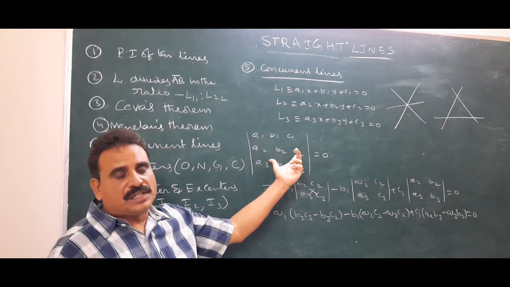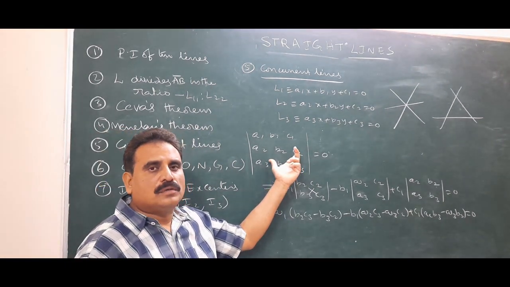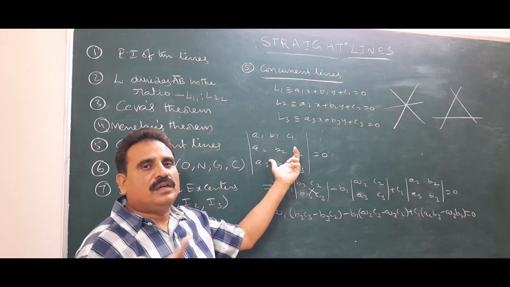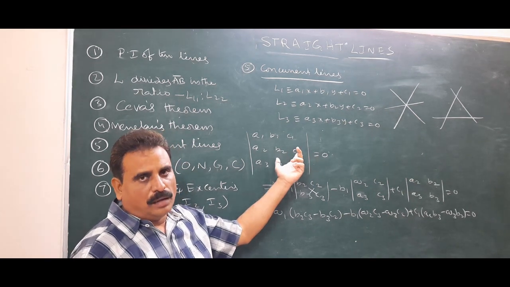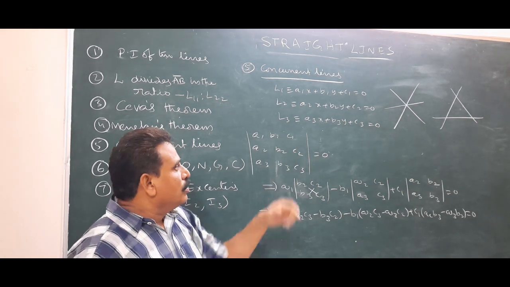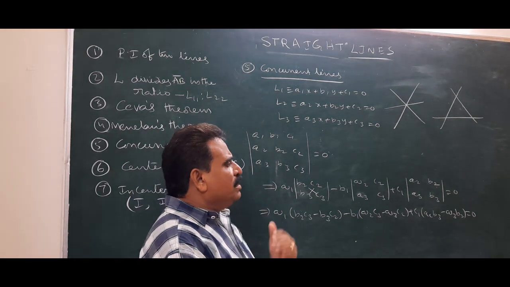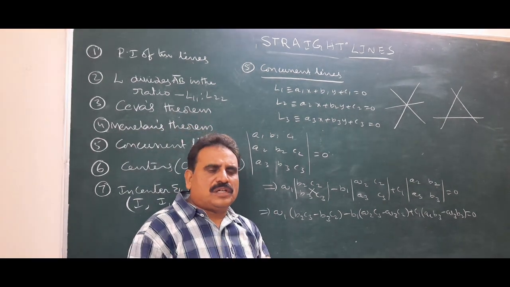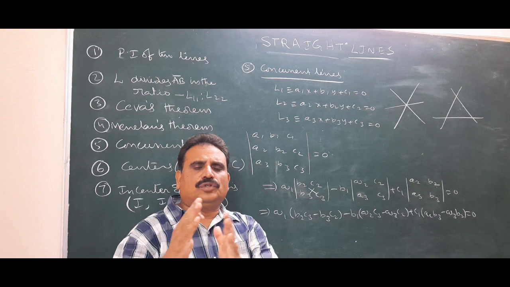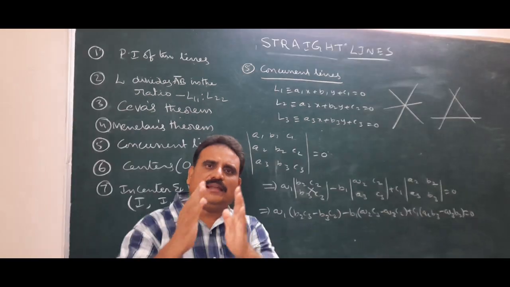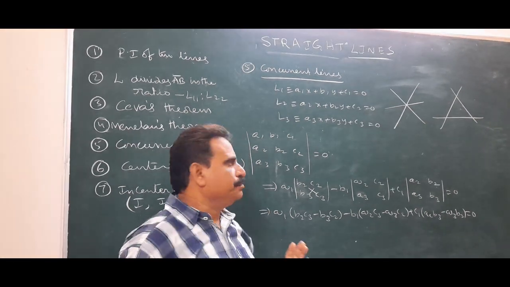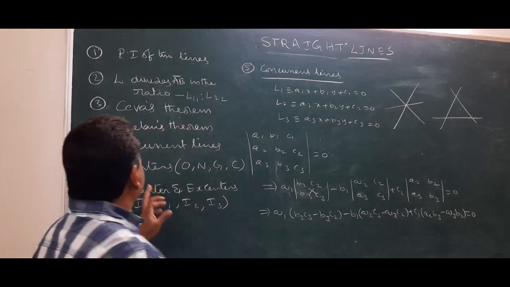Without finding the point of intersection, we can find the value of k directly. There is another method: find the point of intersection of two lines and substitute that point in the line containing k. We get the k value. Okay, next.